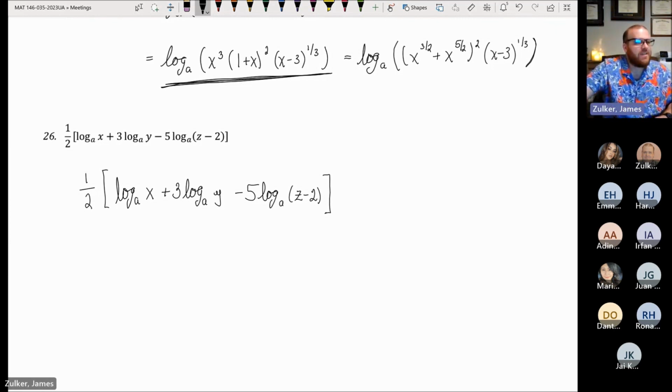The second way is to simplify what's in the brackets first. So again, I will leave it up to a vote.